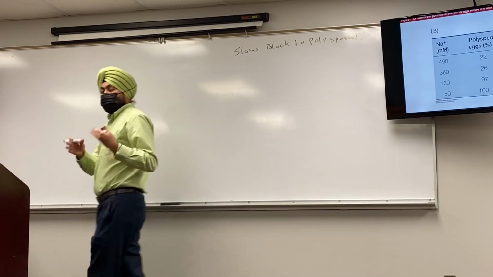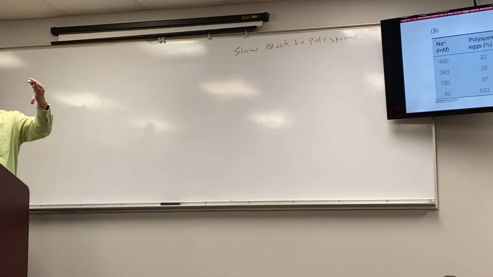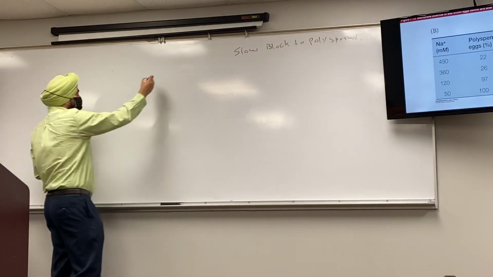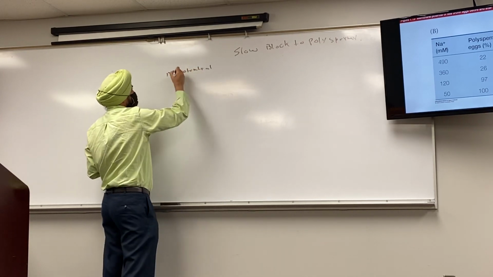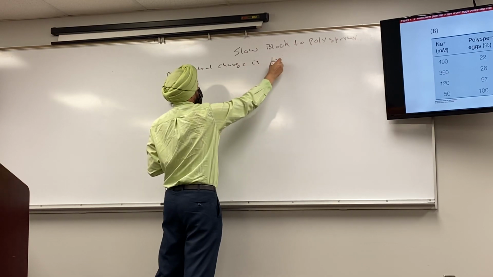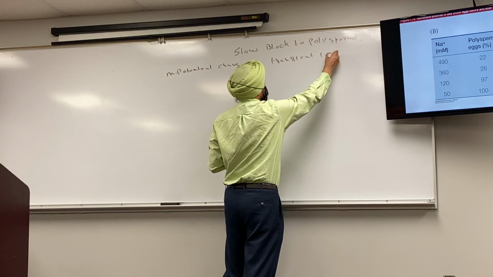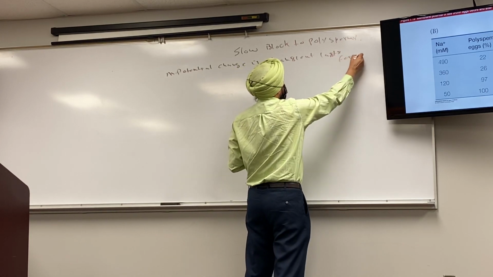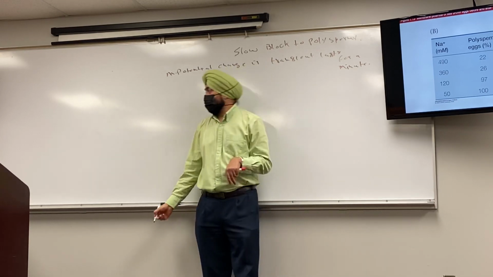The change in the membrane potential is transient. It does not stay for a longer time. Membrane potential change is transient. It lasts for a minute or so, just a minute.